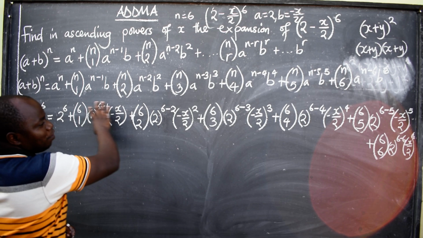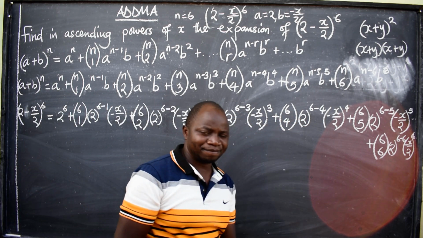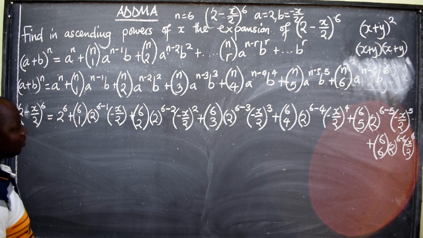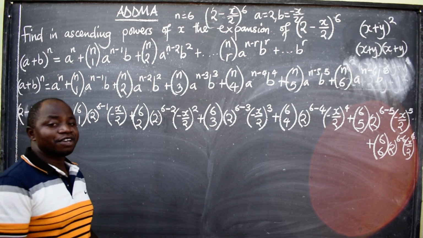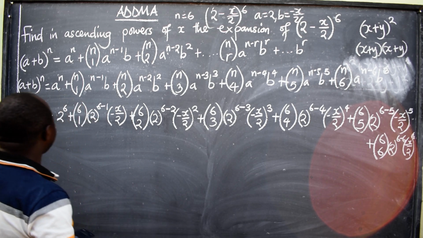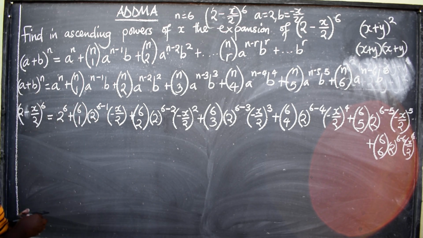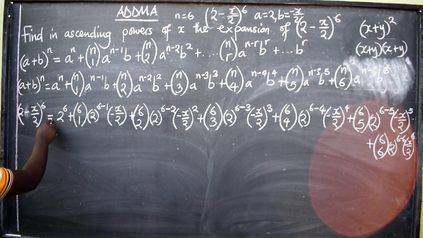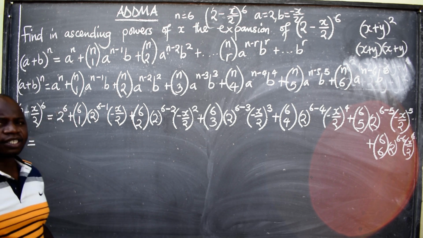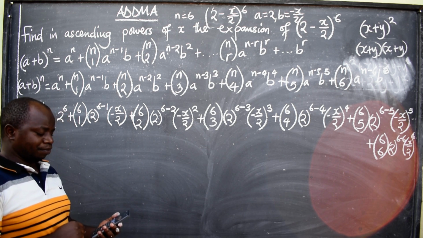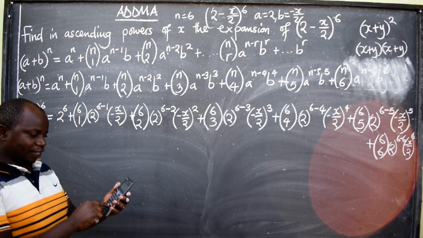Further, you are now going to simplify this. You get your calculator so that you reduce the number of terms. You get your calculator. We start. So we're going to say equals 2 to the power 6. So 2 raised to the power 6.